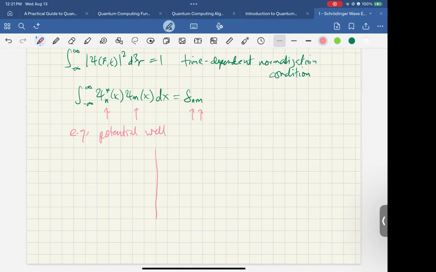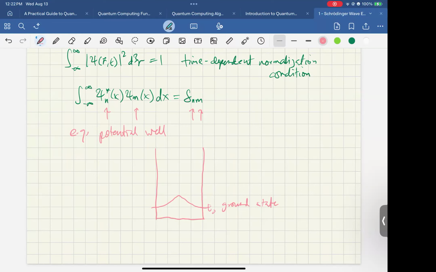So if we have a potential well, it looks something like this. And if you have a particle inside that well, yung particle na yun will have many states. But first, yung pinakamababang state is called a ground state, and it looks something like this. So yan yung wave function corresponding to the ground state, and then meron yung corresponding energy level E naught.